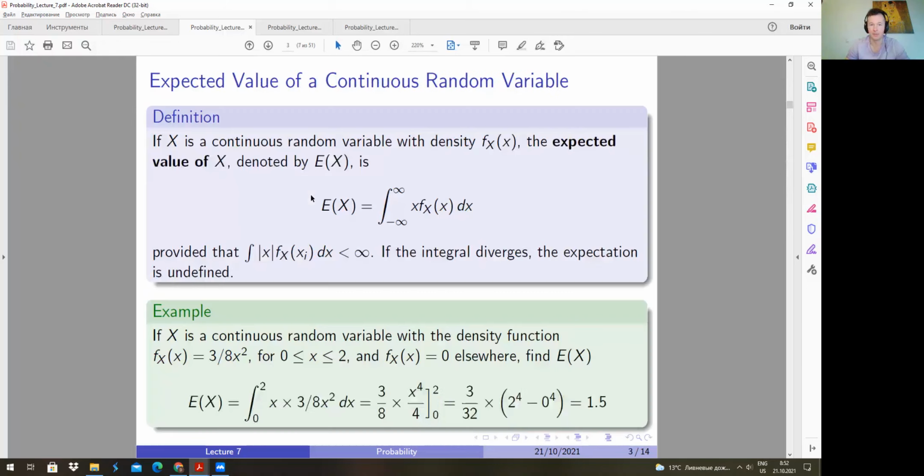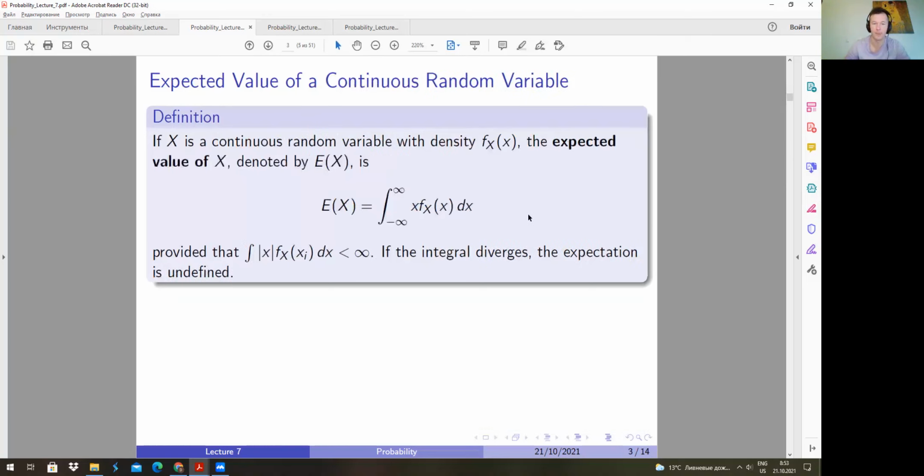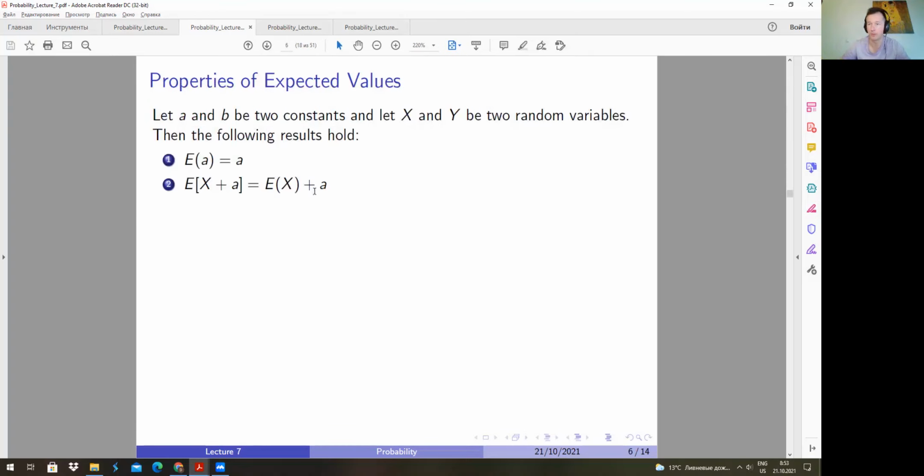If you think about this, when x plus a is inside of this sum, then you can factor out this a, or you can break this sum into two parts. So this sum, and a times probabilities, and then you will get a separately. That's why we have this property.